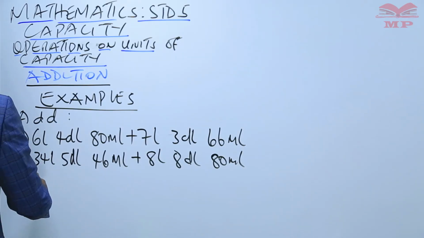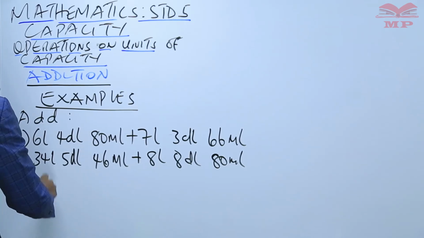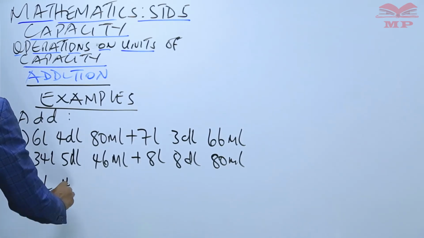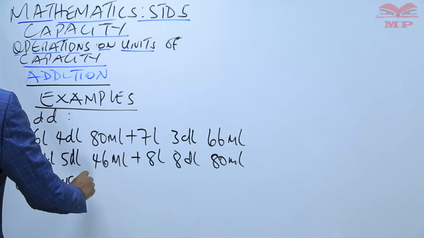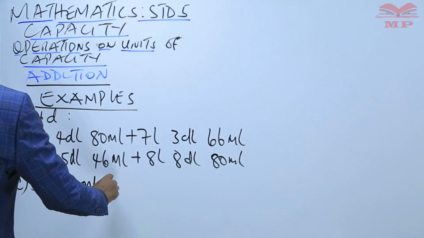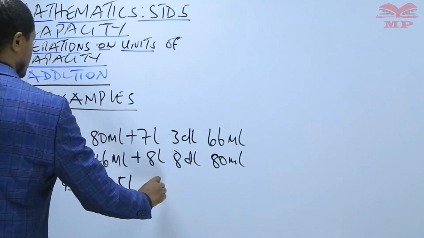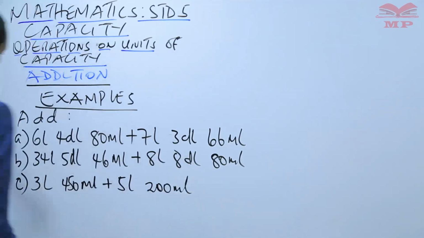Another example is C. This is 3 liters and 450 milliliters plus 5 liters and 200 milliliters.